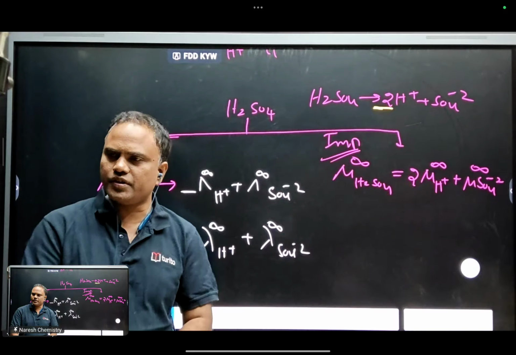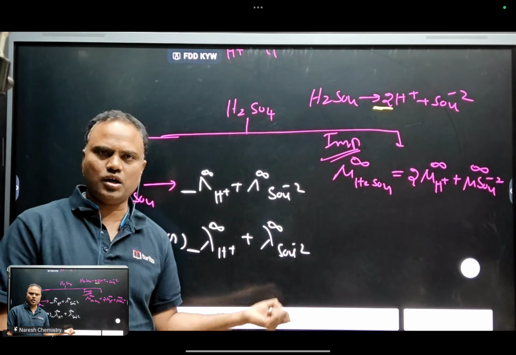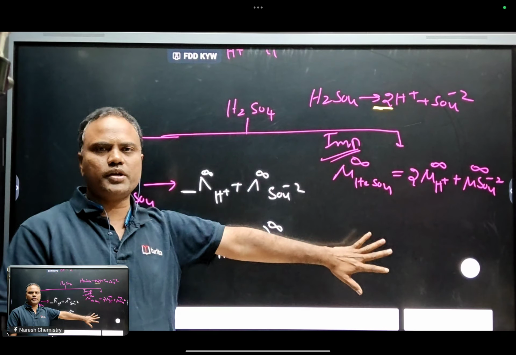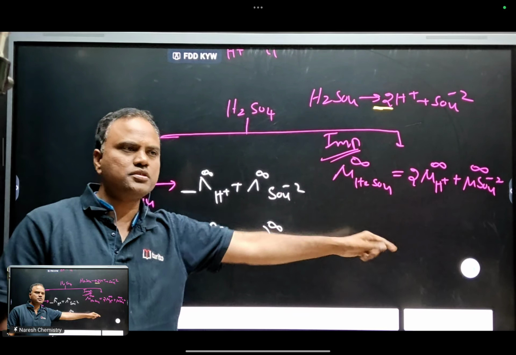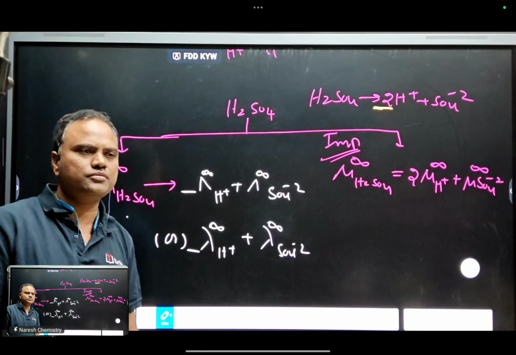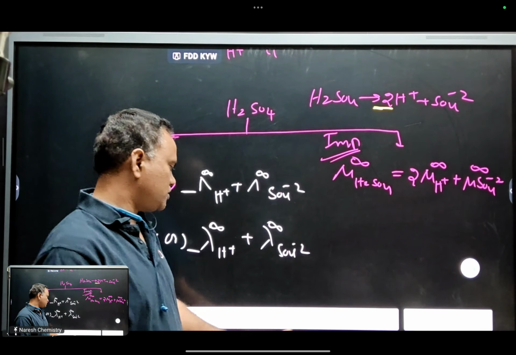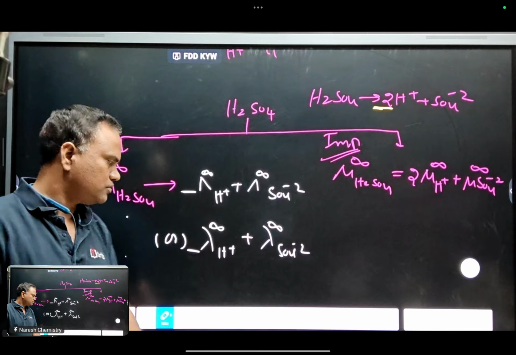Okay, Kohlrausch law definition is clear, and how to split the salt or electrolyte and how to write the conductances. For molar conductances, take coefficients. For equivalent conductance, don't take coefficients. For example, MgCl2 is there. How to write molar conductance?